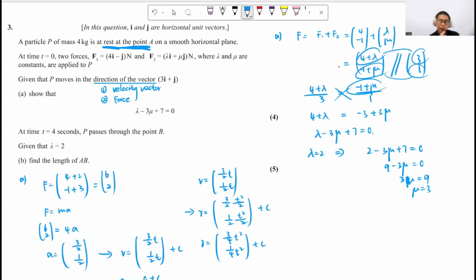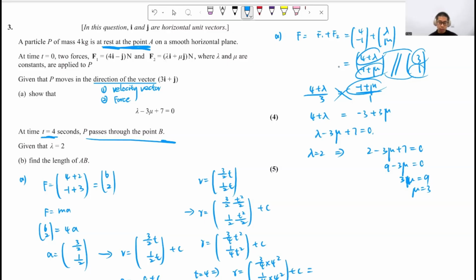And now we want to work out the length. The length is just the magnitude of the displacement. So first we work out the position at point A and then the position at point B, then subtracting them would give the displacement. To work out the position at B, we know when t equal to 4, P passes through point B. So we let t equal to 4. Then r is equal to 3 over 4 times 4 squared, and 1 over 4 times 4 squared, plus c.